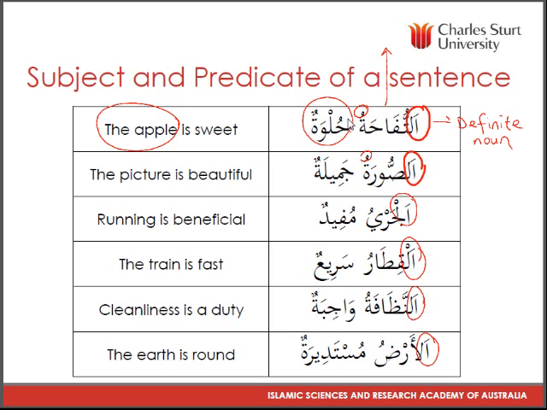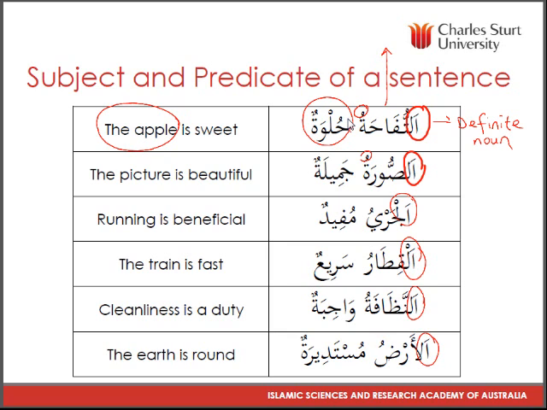So when I say at-tufahatu and I stop, the apple, what happened to apple? Is it sweet? What is the qualification of apple? Khabar means predicate of a sentence, some information about this definite noun. So if they two get it together, it becomes a complete sentence in Arabic, which is jumla ismiya.